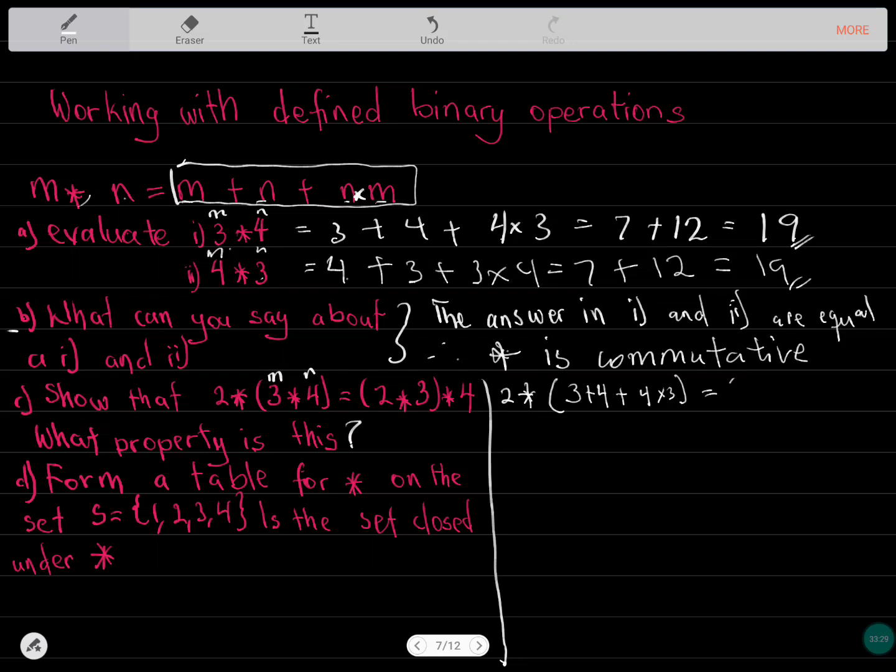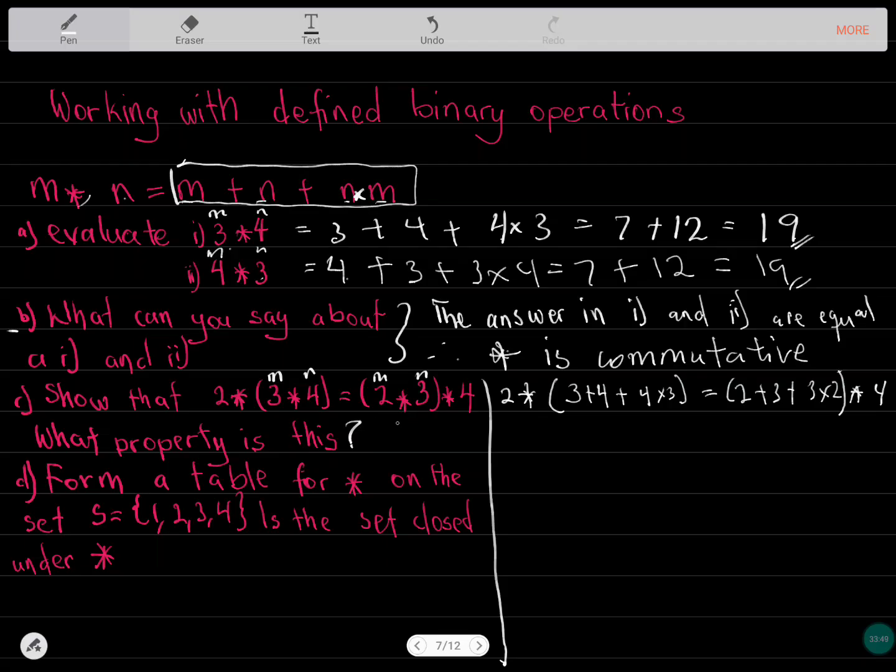On the other hand, we have 2 star 3, and that will give us 2 because 2 is m, 2 is n. We are solving what is in the bracket first. So we have 2 plus 3 times 2. Then outside this bracket, we have star 4.